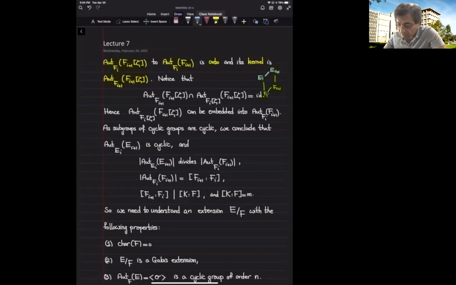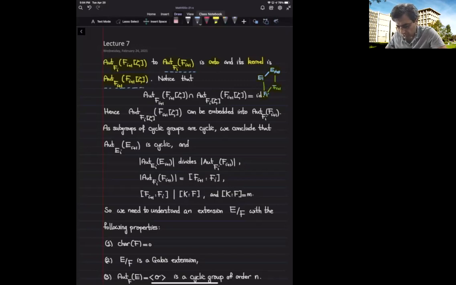Now we understood that the automorphisms of E_{i+1} that are F_i-linear map onto this cyclic group. And the kernel is this guy.